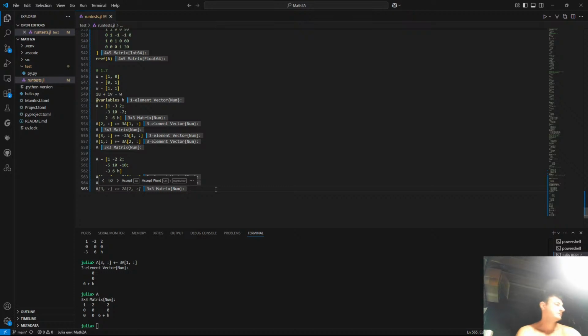So if I got 3 pivots, that means they are 3 linearly independent vectors. 3 pivots means 3 linearly independent.